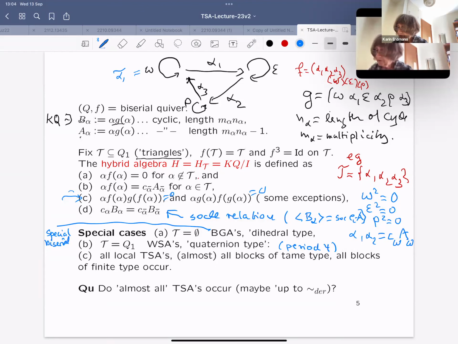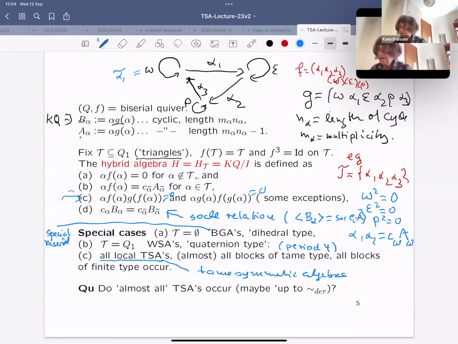For example, you can show that all local tame symmetric algebras occur, and almost all blocks of tame type, and actually all blocks of finite type. So Brauer tree algebras would all appear as well.